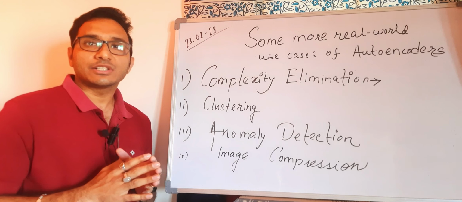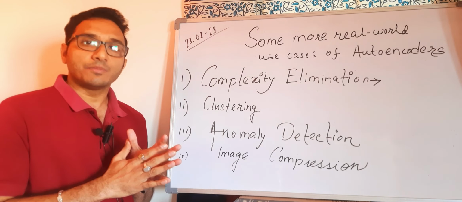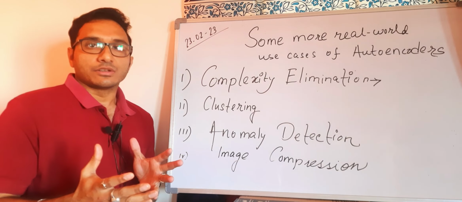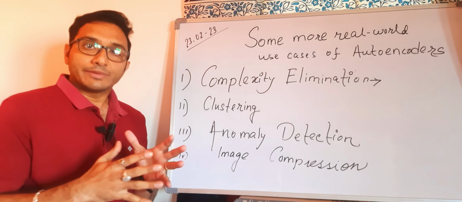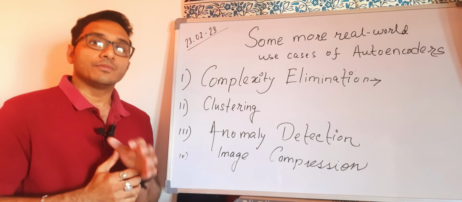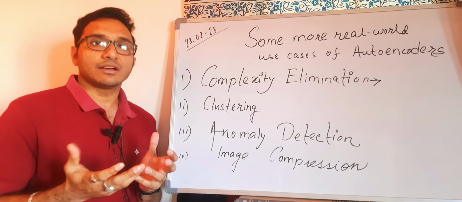In that representation, what happened? The network converted that original input data into some low dimensional representation, and from that low dimensional representation, it is reconstructed back into its original input. Am I clear about this?